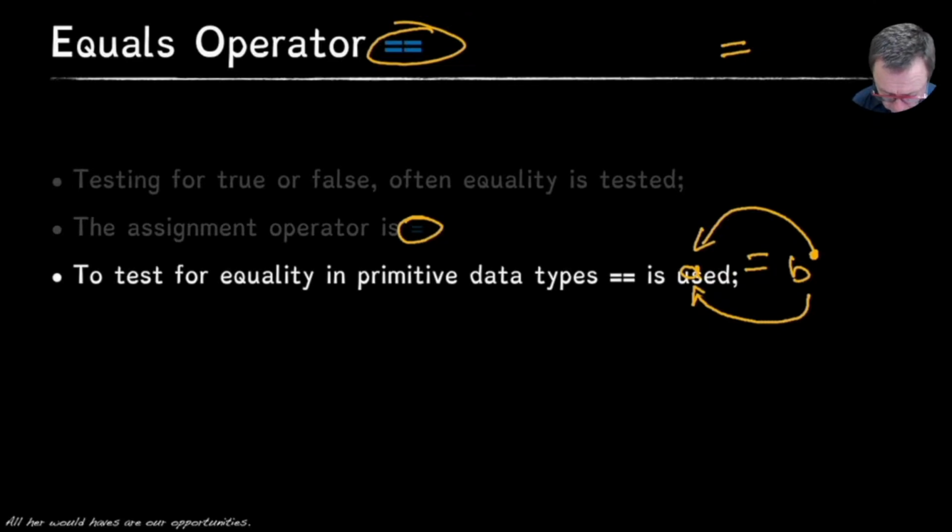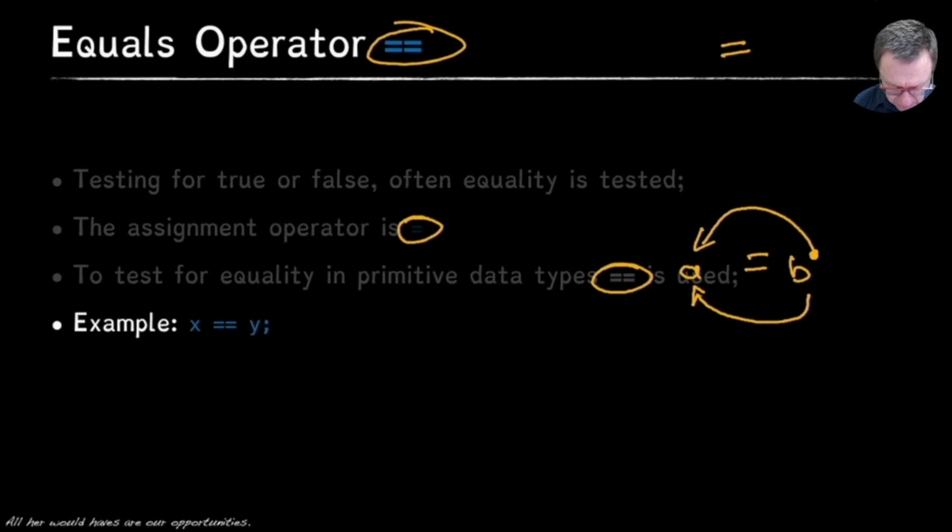Now, when we test for equality in primitive data types, and I've written across it beautifully there, we use two equal signs, and you'll often hear people say equals equals. That's fine. So an example, x equals equals y. What I'm looking for is the value in y and the value in x: are they the same?